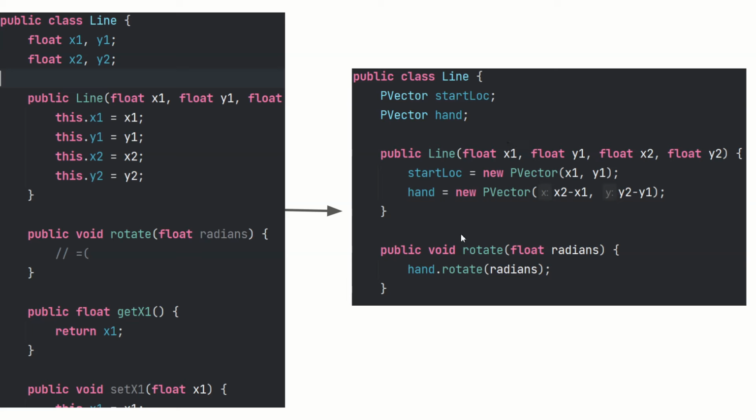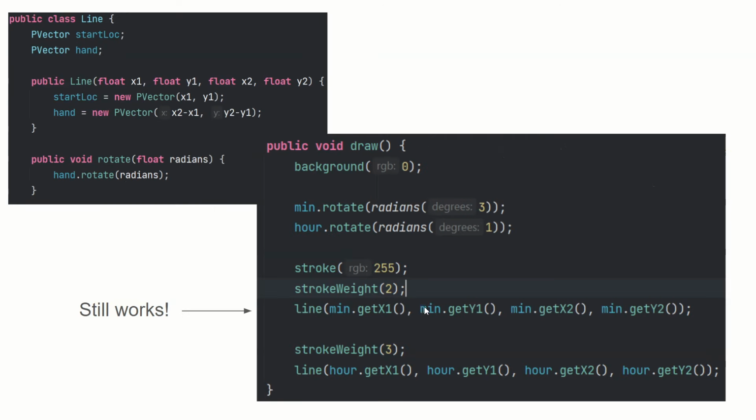The point is, when I had coordinates here, I didn't want to implement a rotate method because I couldn't remember the math, or I didn't want to think about the math. And then I remembered a PVector object would do it for me. So if I could only replace all my variables with PVectors, then it would be very easy for me to implement rotate. Well, here's the problem.